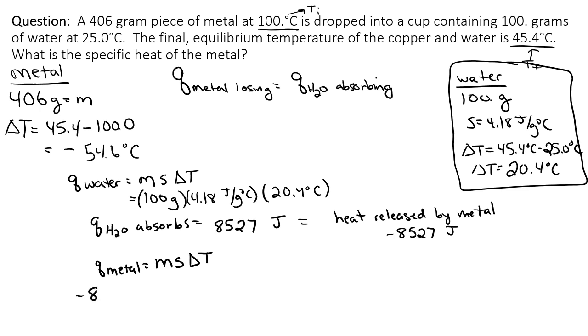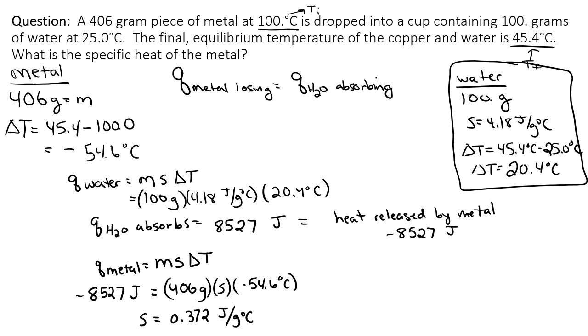We're going to now report that the heat is 8,527 joules except negative. The mass of the metal is 406 grams. The specific heat is what we're trying to find, and the change in temperature is a negative 54.6 degrees Celsius. When we solve for the specific heat, we get that the specific heat of the metal is 0.372 joule per gram degree Celsius.